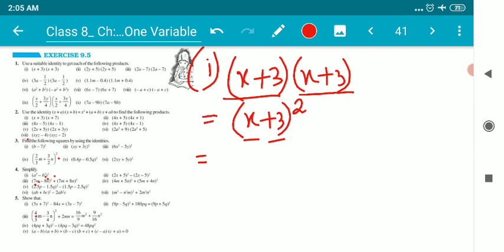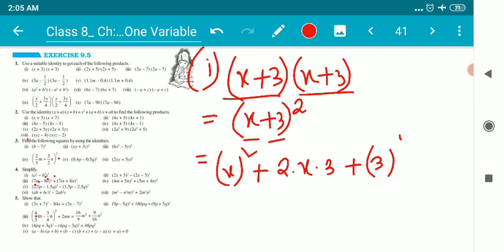What is the formula of (a plus b) whole square? A square plus 2ab plus b square. I repeat, a square plus 2ab plus b square. So a square means x square, plus 2 into a, which is x, into b, which is 3, plus b square means 3 square. Children, this 2 has come from the identity itself.